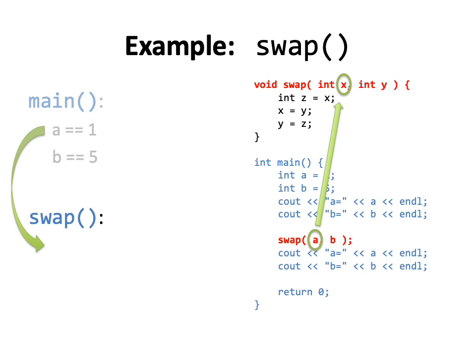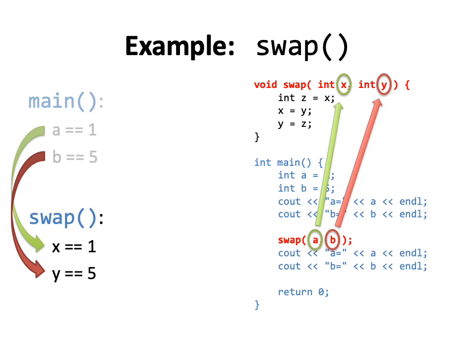So a from the main method, whatever that value is, will get copied into a variable called x in the swap method. So a was 1, now x is 1. Then it will do that for all the other variables in this function. So in this case y, it'll copy the value of b over to the value of y. So now there are copies of variables a and b in the swap function, and now we're calling them x and y.